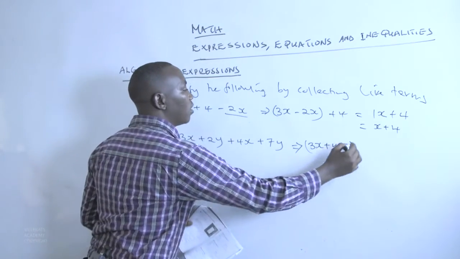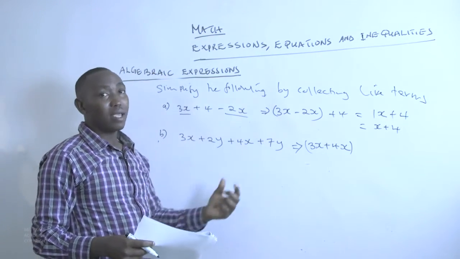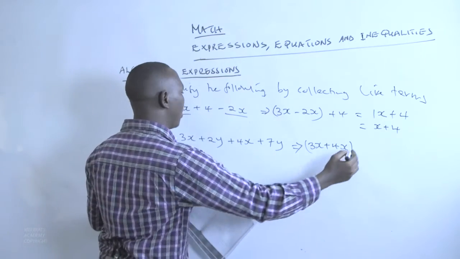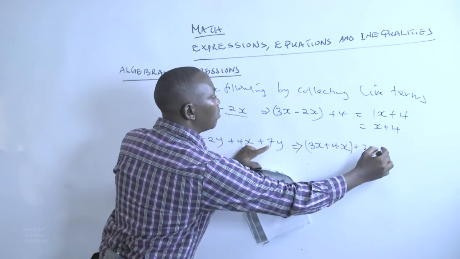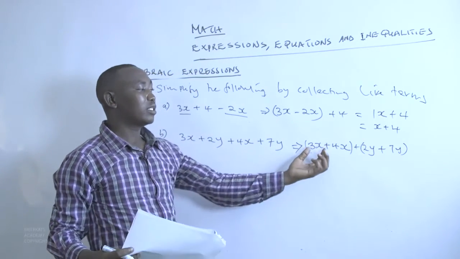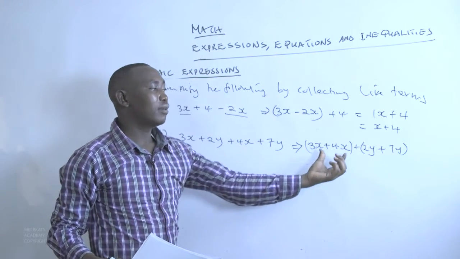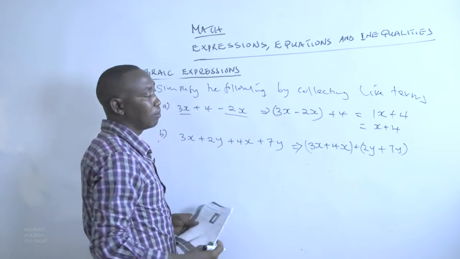Then we also have the y's. 2y and 7y are also like terms, and therefore we have positive 2y, positive 7y. Now 3x and 4x are like, 2y and 7y are like terms.